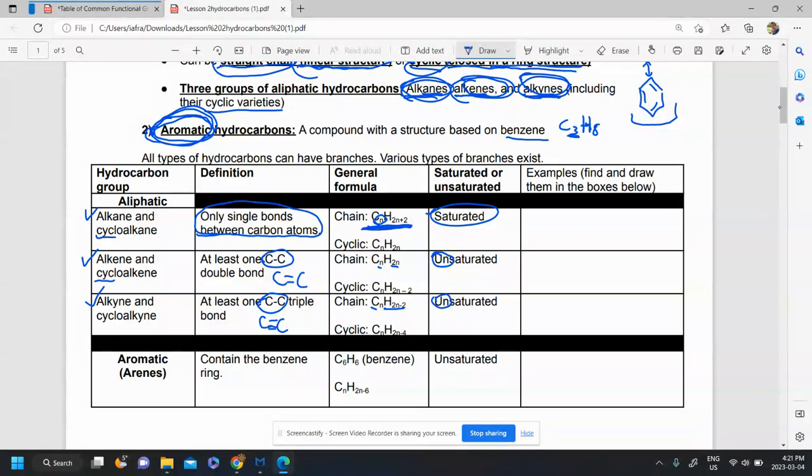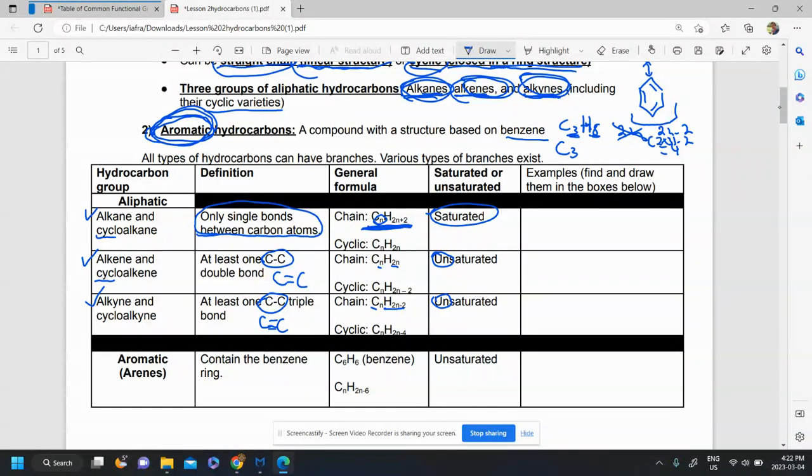So if you have 3 carbons, C3, and you have 8 over here, this is definitely not the 2n, because that would be 6. It's definitely not the 2n-2, because that would be 2 times 3 minus 2, which would be 4.